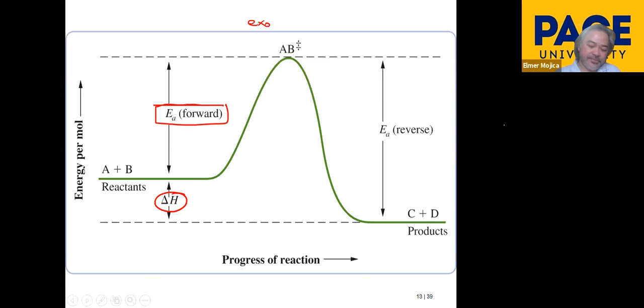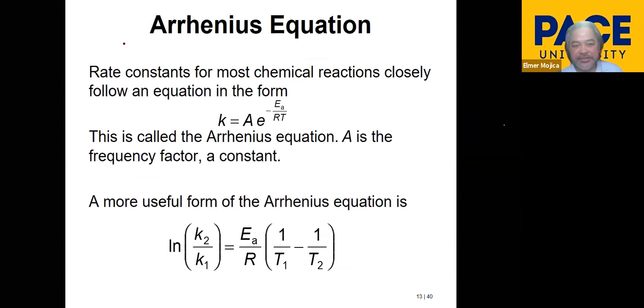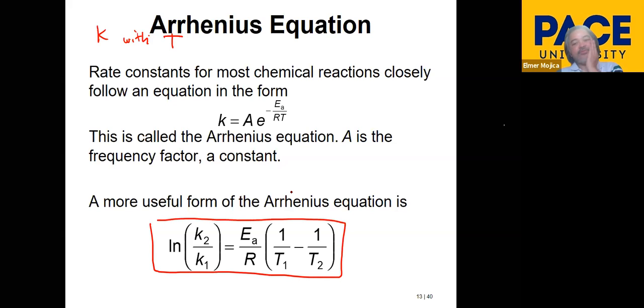Now, how are we going to relate the k with T? So this is what we have. So what can you say about this reaction? Is this new to you?